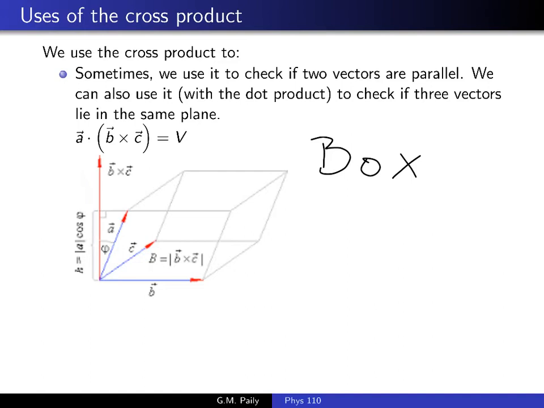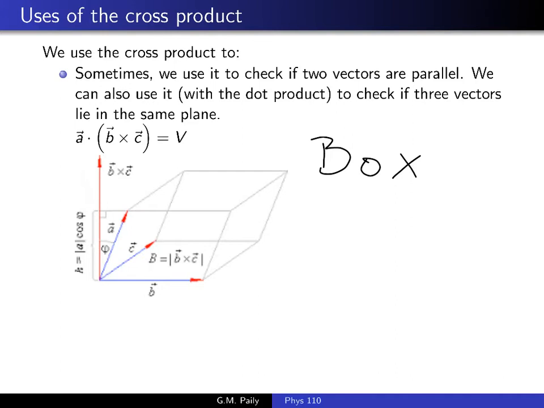The reason for this name is, if you look at those three vectors, A, B, and C, just like we could construct a parallelogram with two vectors, we can construct a box using these three vectors. We just repeat them a few different times and construct a box. The volume of that box is given by V, that is A dot B cross C.